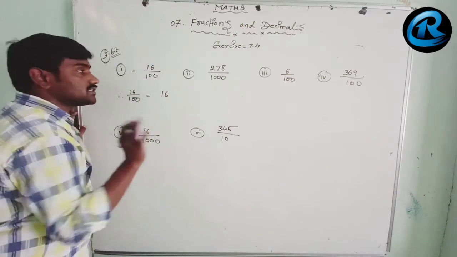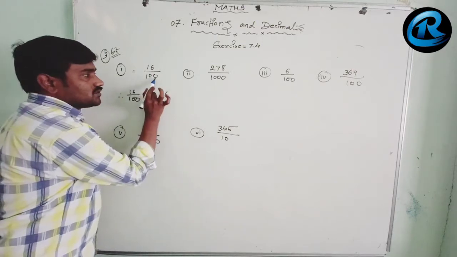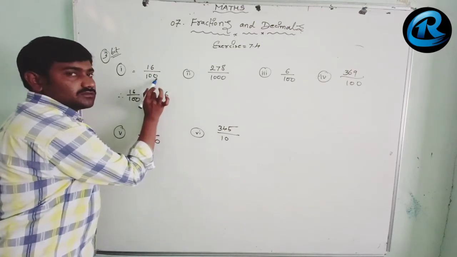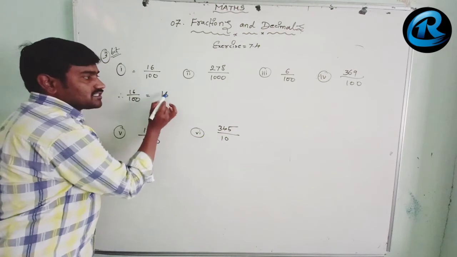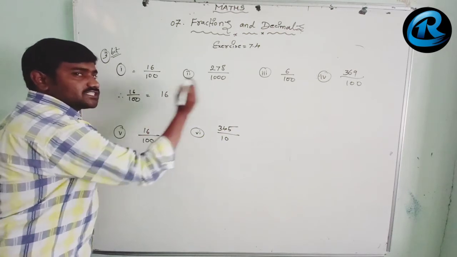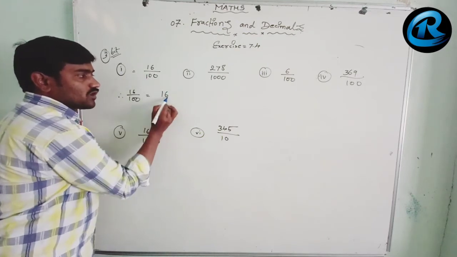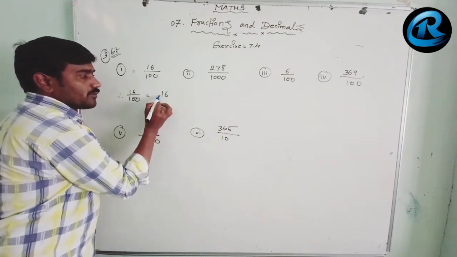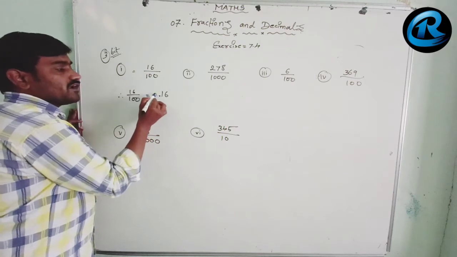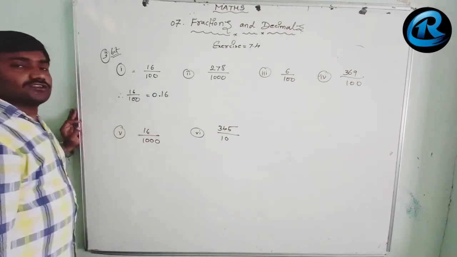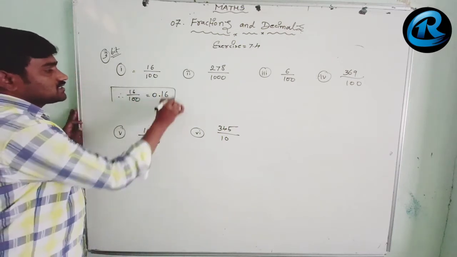The numerator part you write as it is. Check in the denominator how many zeros are there. There are 2 zeros. That means in these numbers we have to count 2 digits from the right side: 1, 2. Because of 2 zeros we count 2 digits. Then put a point. Before the point there is no number, so we get 0. 0.16. This is the answer.